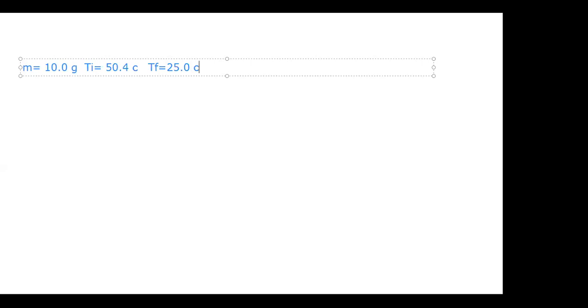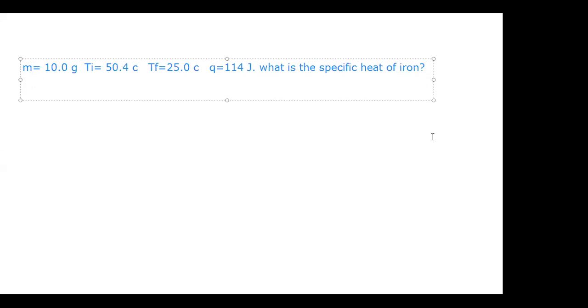And when it drops that number of degrees, it is going to release energy. So the energy released is going to be 114 joules. So we need to figure out what is the specific heat of iron. Generally, just take the higher number and subtract the lower number, but generally you're going to do initial minus final.